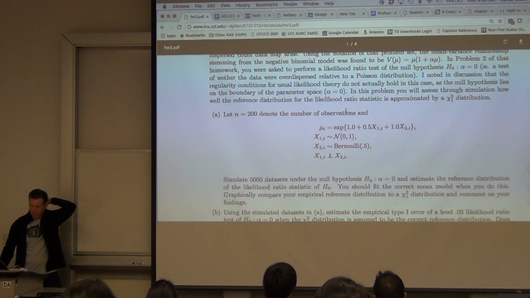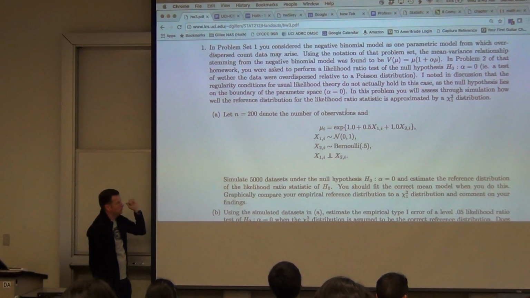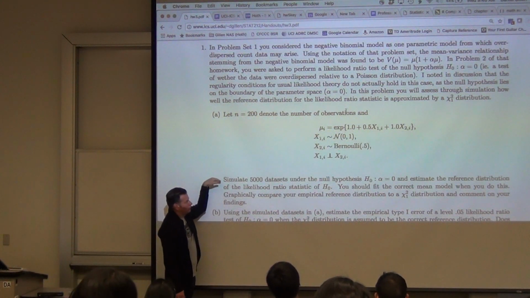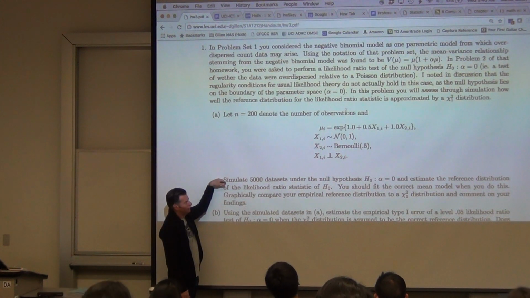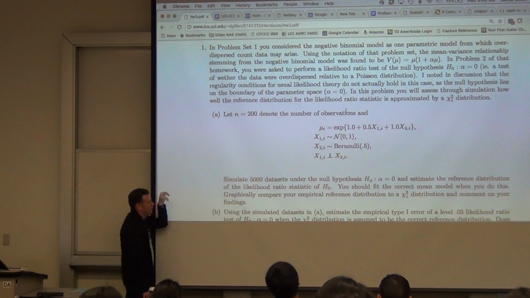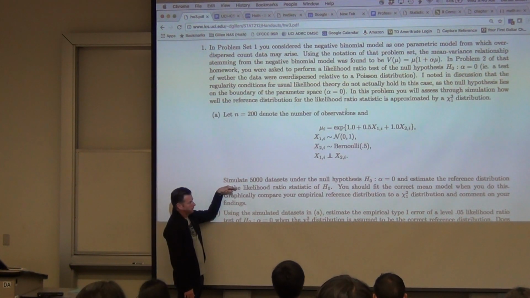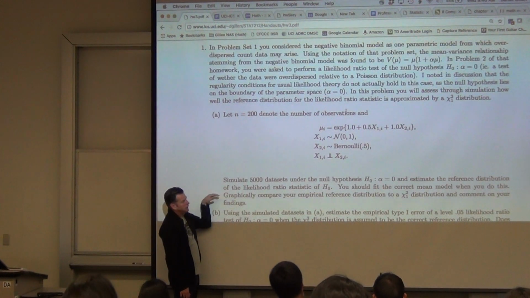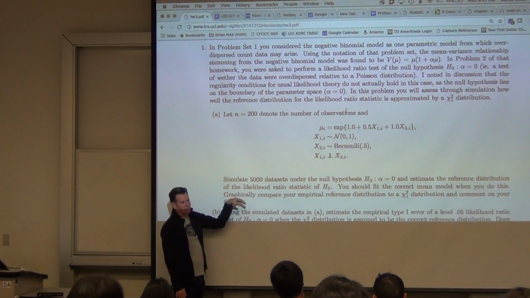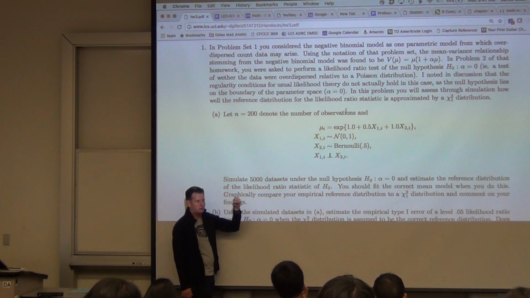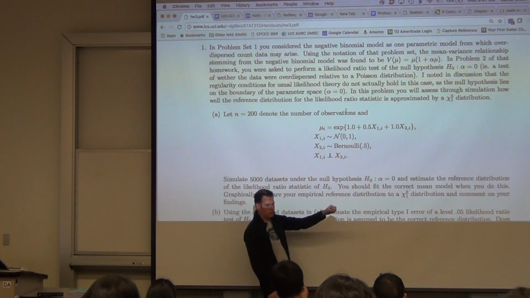So it's going to look like mu times 1 plus alpha mu. I want you to generate 5,000 data sets, and then on each one of those 5,000 data sets, compute the likelihood ratio statistic for testing H0. And then go ahead and give me an empirical estimate of what the sampling distribution is, the reference distribution of that test statistic under the null hypothesis.